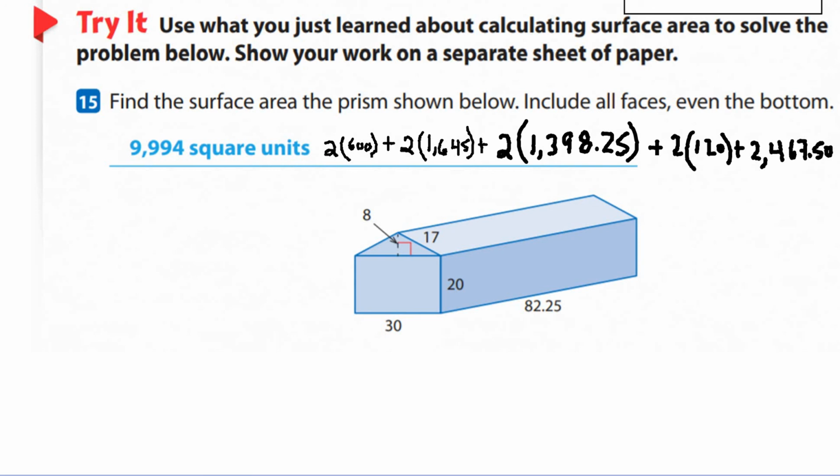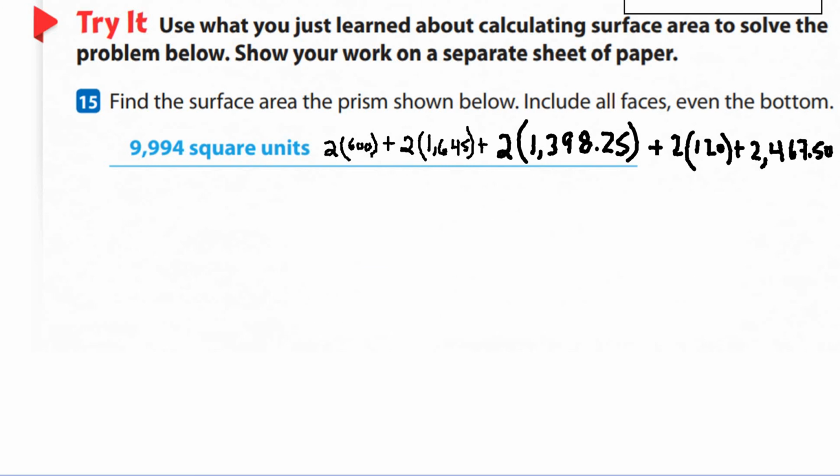They don't give us the units, so we say square units. Let me take this away so we can do the math. Let's use the color red. 2 times 600 is 1,200. Remember, this is for the surface area. We could say A, but I like to say SA, surface area. Plus 2 times 1,645 is 3,290.